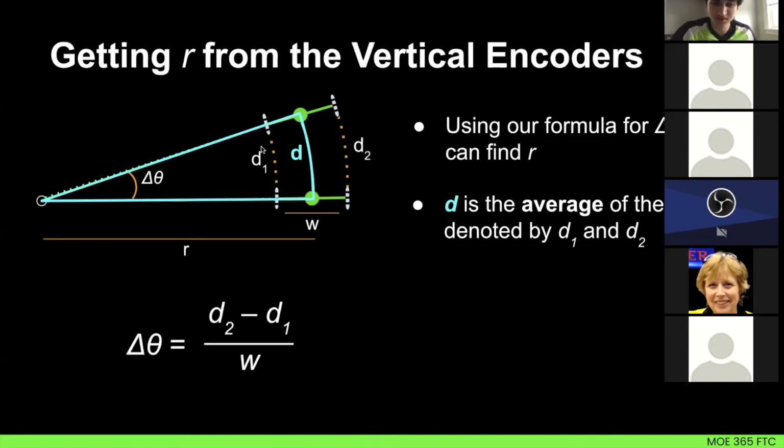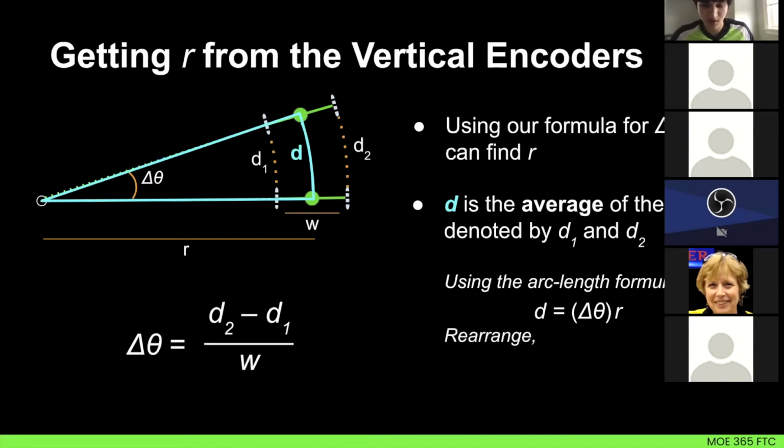So these distances here, D1 and D2, you take the average and you get D. Using the arc length formula, we know that D equals delta theta times R, and rearranging, R is equal to D divided by delta theta, which we just received a formula for in the previous slide. By combining those two equations, you can get a single expression for what R is. And this will prove to be useful later.